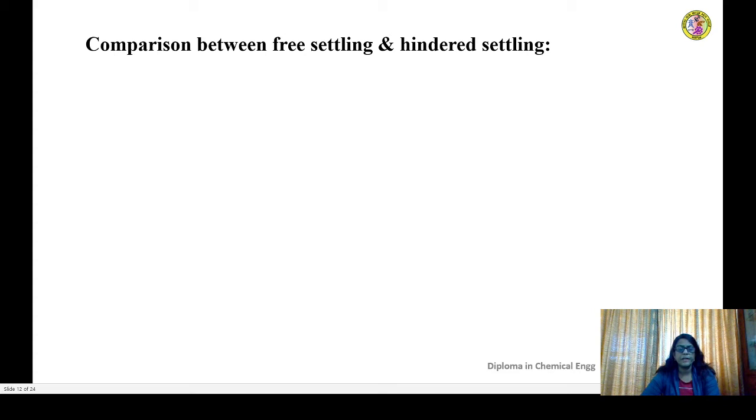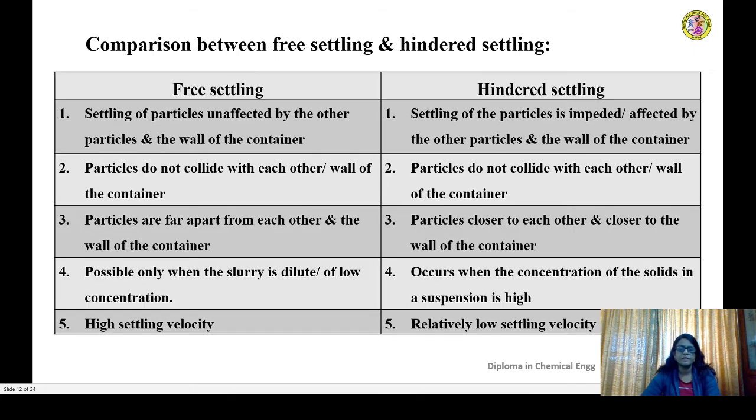So let us again compare free settling and hindered settling to outline the various differences between the two settling mechanisms. The major difference is that in free settling, the particle settling process is never affected by the other particles present and also by the wall of the container. Whereas in hindered settling, the particles settle under that condition where settling is affected or impeded by the other particles and also by the wall of the container.